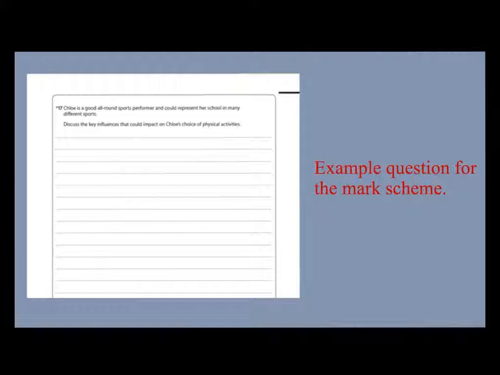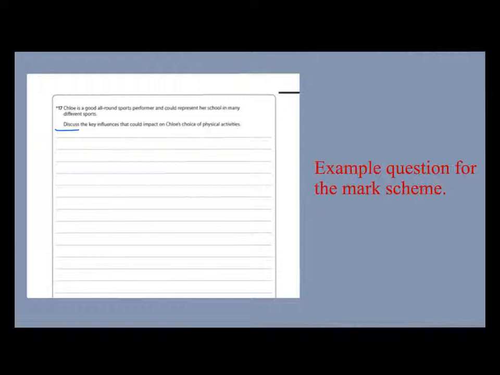Here is an example question from the previous mark scheme. Chloe is a good all-round sports performer and could represent her school in many different sports. Discuss the key influences that could impact on Chloe's choice of physical activities. Here you need to identify key aspects of the question. The first one is discuss.